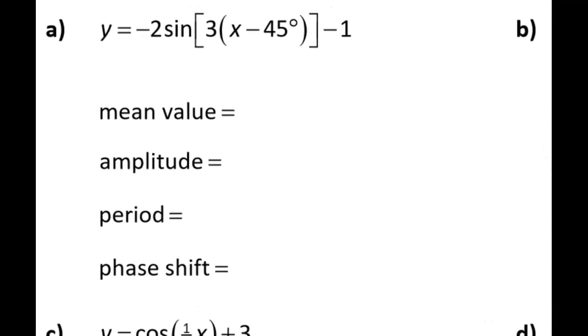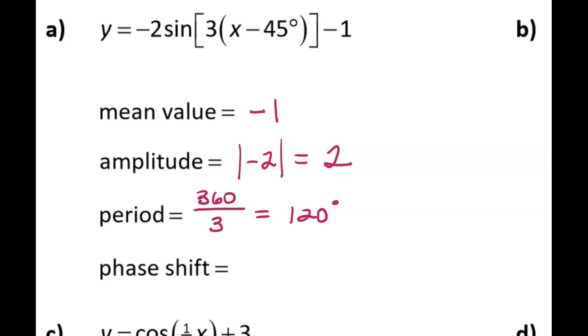Let's take a look at A in this example below. Our mean value is that vertical shift, so that's going to be -1. Our amplitude is the absolute value of -2, so that'll be 2. The period is 360 divided by 3, so that's 120 degrees.